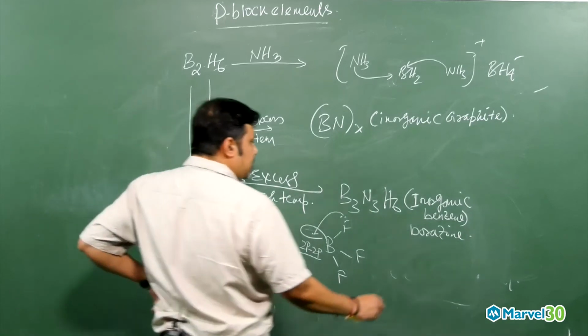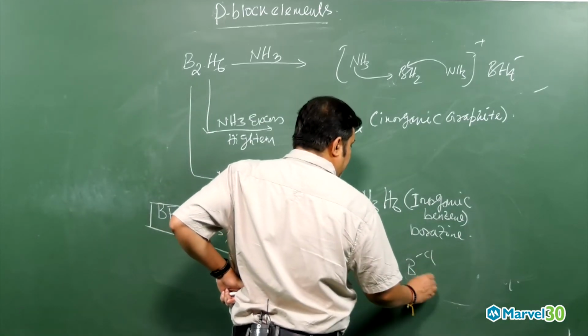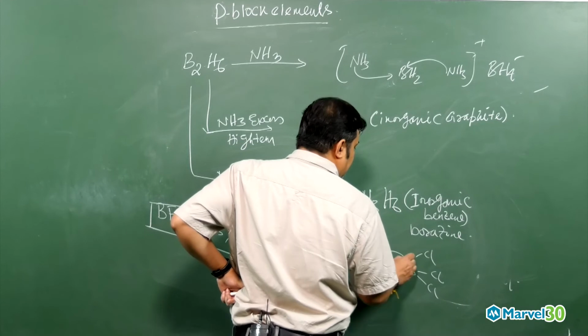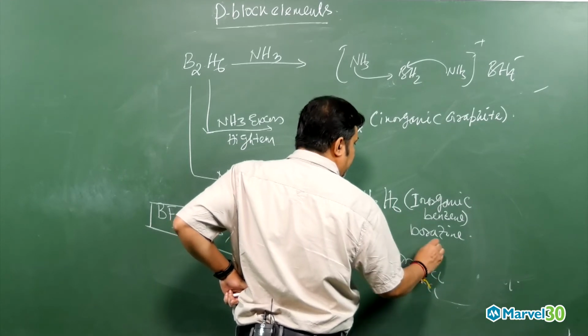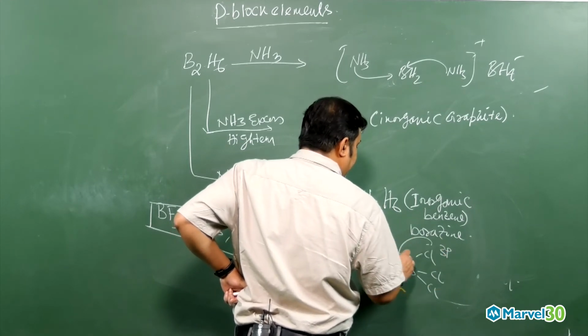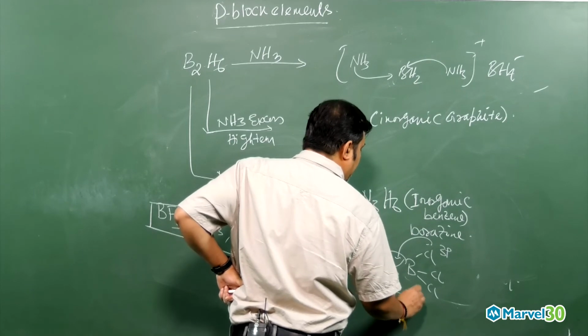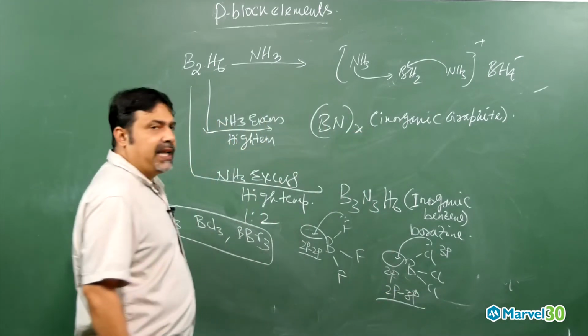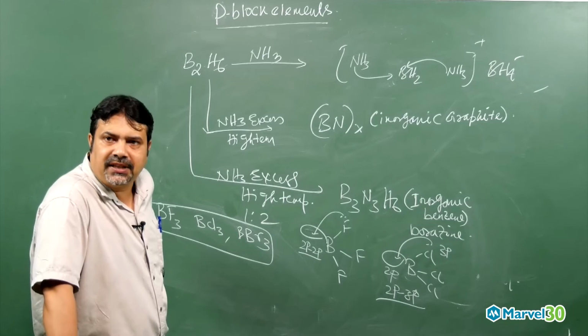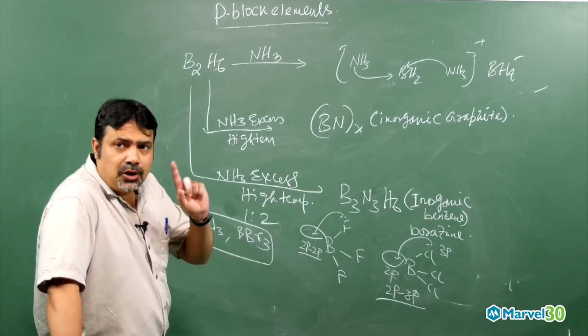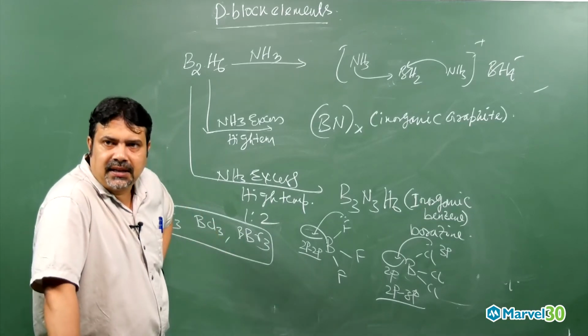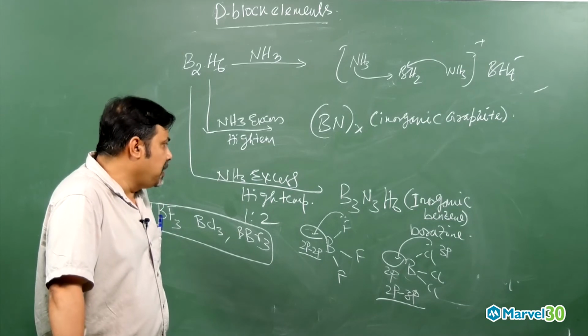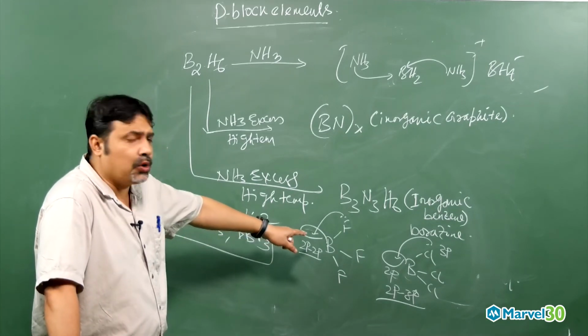Whereas in the case of boron and chlorine, boron has 2p and the chlorine electron is in 3p. So here 2p and 3p back bonding, but 2p and 3p size compatibility will not be there. In the case of bromine, 2p-4p back bonding will be there. So that is why the maximum extent of back bonding will be there with boron and fluorine.